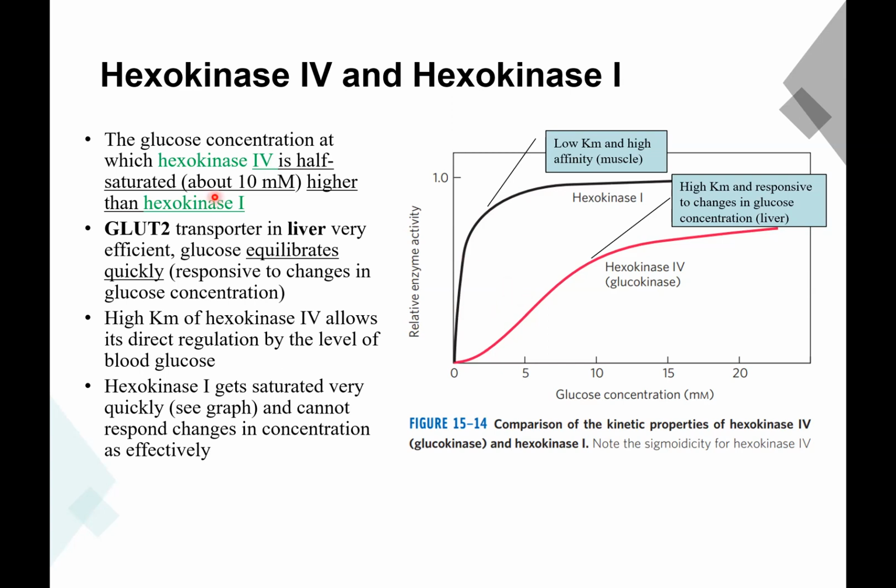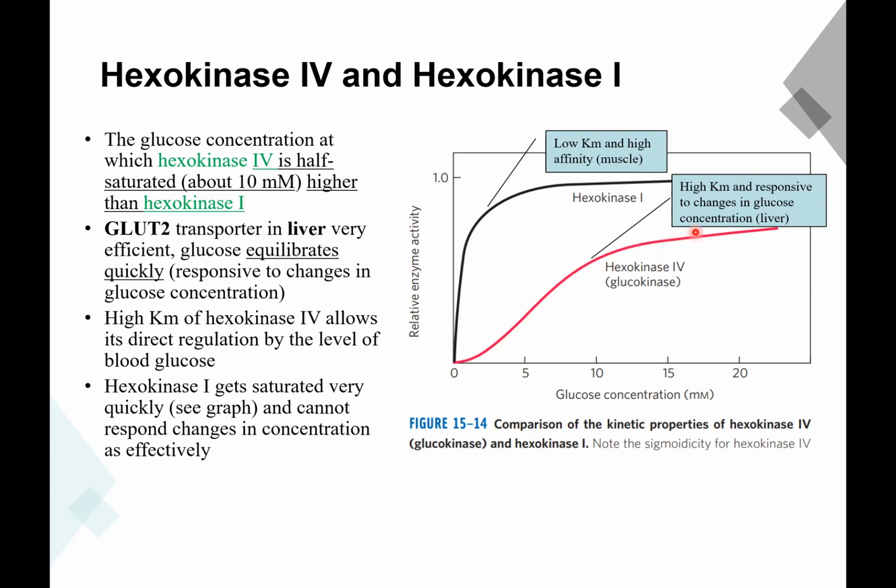And note that hexokinase 4, which operates in the liver, is half saturated around 10 millimolar. This is a much, much higher concentration than half saturation for hexokinase 1, for example. So low Km, high affinity for hexokinase 1, high Km, and not just the affinity, but changing affinity, right?